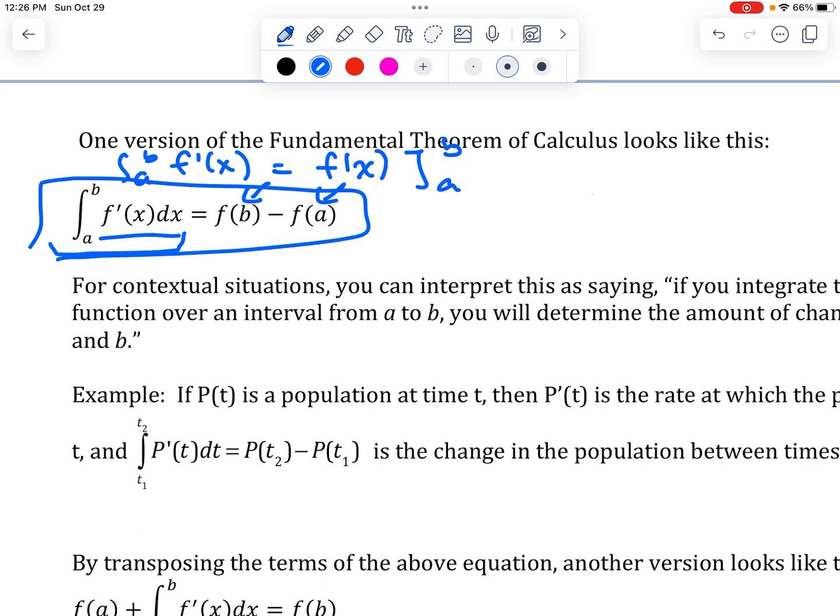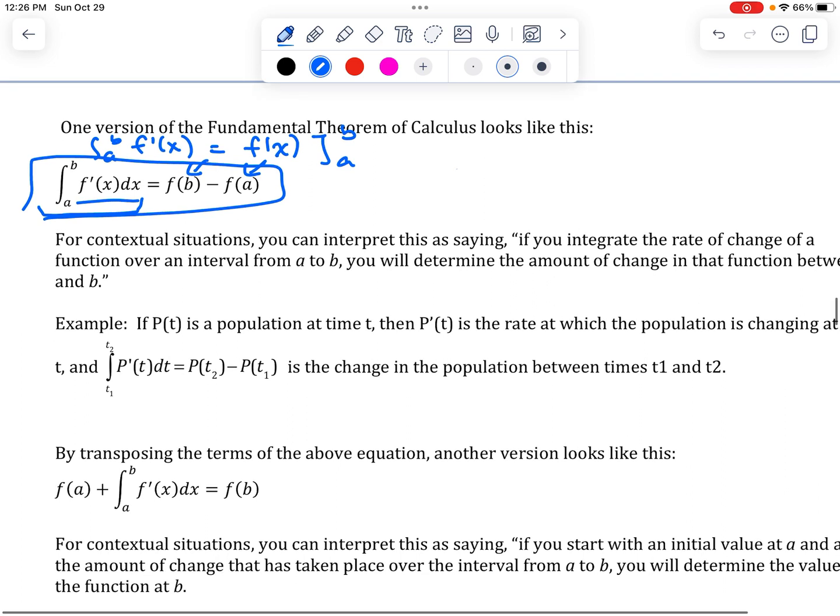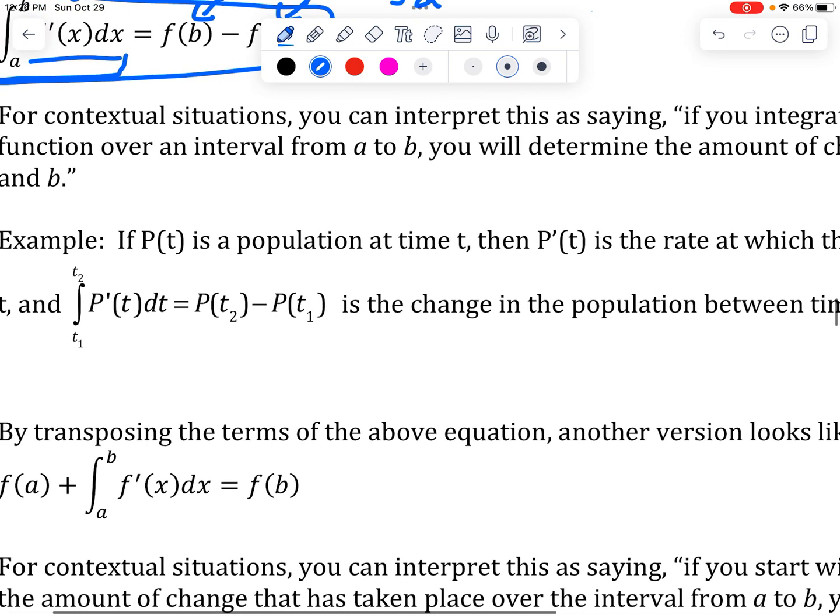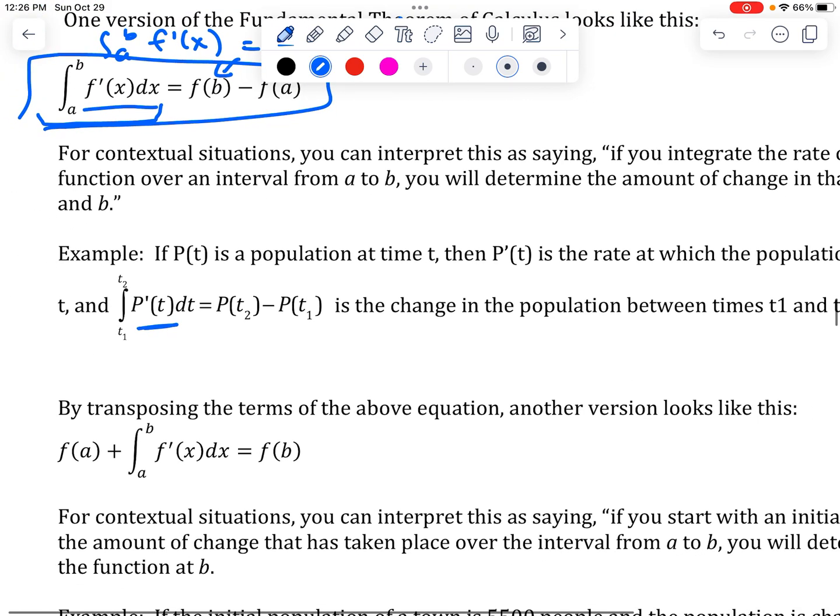For contextual situations, what we can say is that if you integrate the rate of change of a function over an interval from a to b, you will determine the amount of change in that function over that time interval. Let's say P of t is a population.